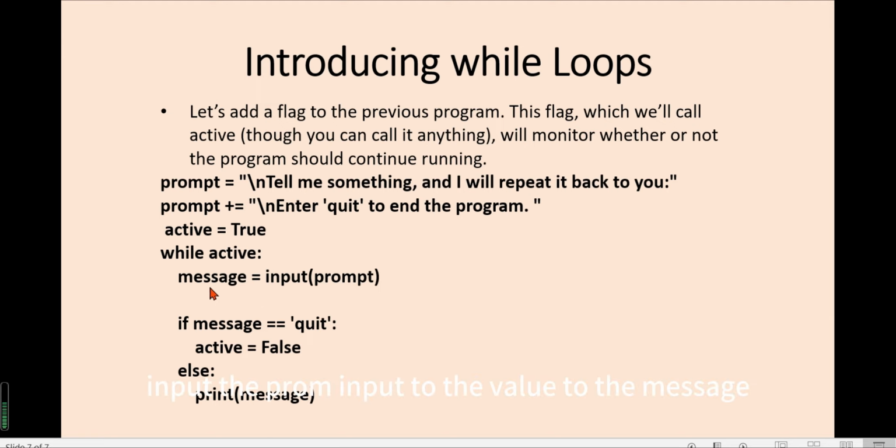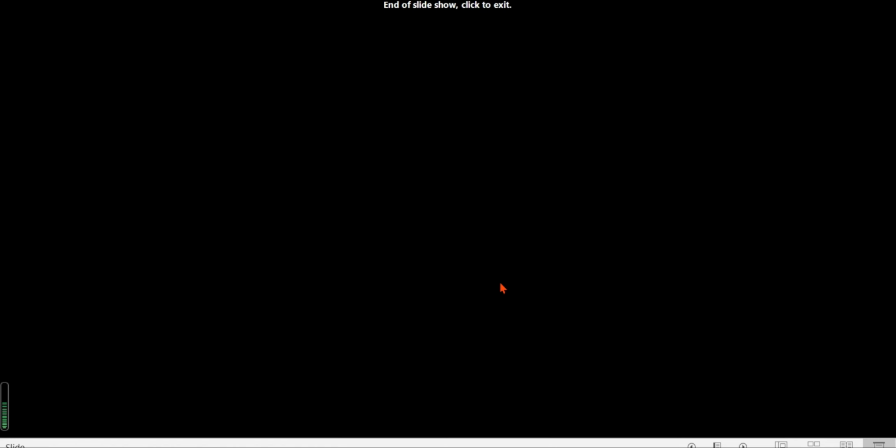Then this time, for example, if the user inputs quit, we will change active to false, and print message will be skipped. Then we'll go back to the while active conditional test again. Because active is false, we will stop running the while loop and go to the next statement. And the message will not be printed out because the message is quit.